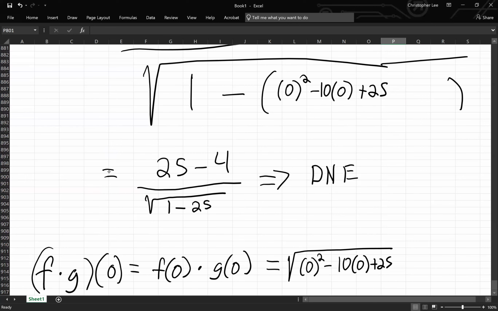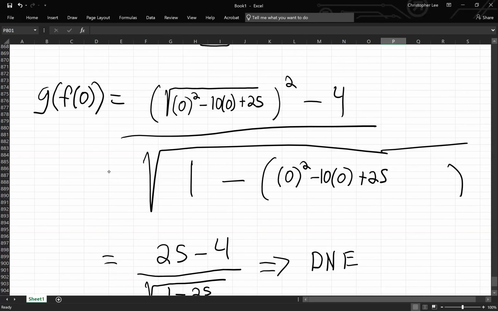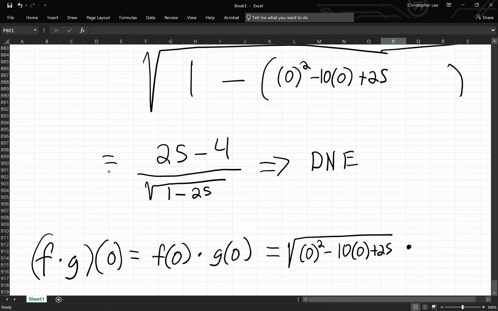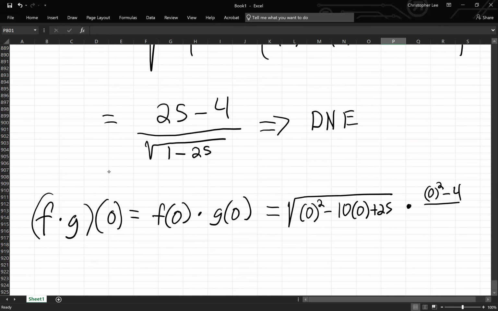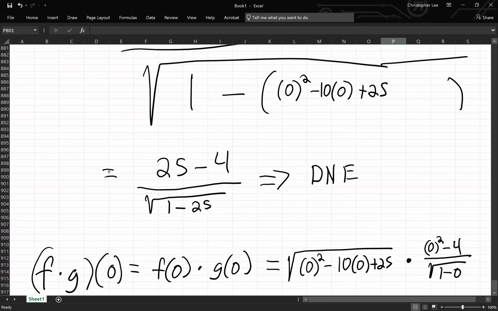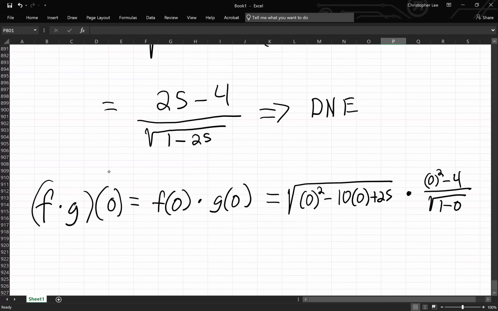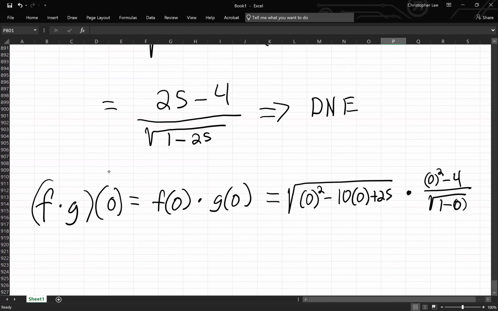Yeah, I'm mistaken. Times, what's our g of zero? So g of zero is zero squared minus 4 over the square root of 1 minus 0, in parentheses.